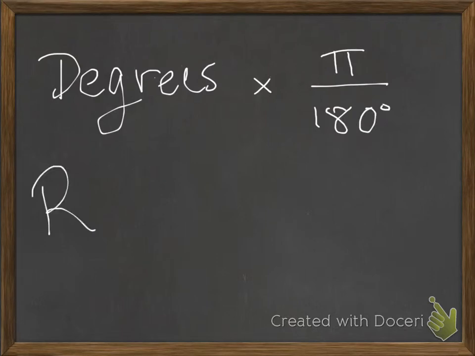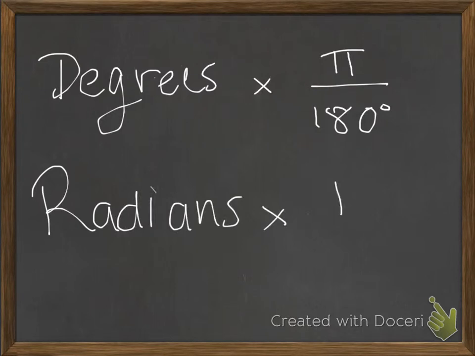Similarly, let's say you are in radians and you want to convert to degrees. You multiply by 180 degrees over pi. So the way I used to remember is that if there's no pi, you need to introduce the pi. If there already is a pi in the problem, you need to get rid of the pi. So look at it that way and figure out where the pi goes in the fraction, and that will help you remember.